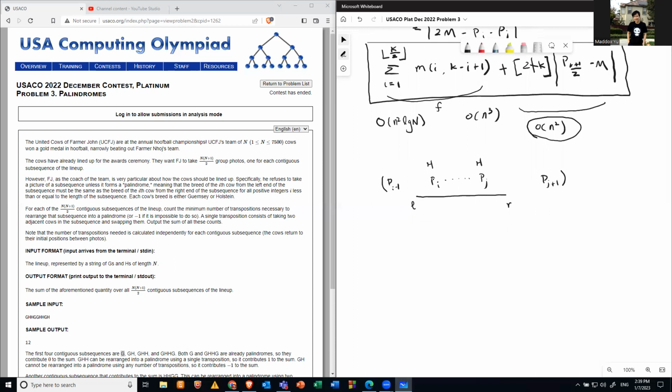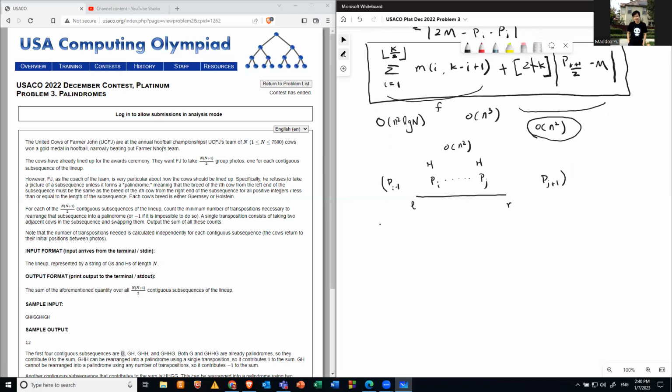If you do a sum for each of these, P of I and P of J, there are O(n squared) of those, right? We do the sum for all the left and right, that is from P of I, but not reaching P of I minus 1, to P of J, but not reaching P of J plus 1.